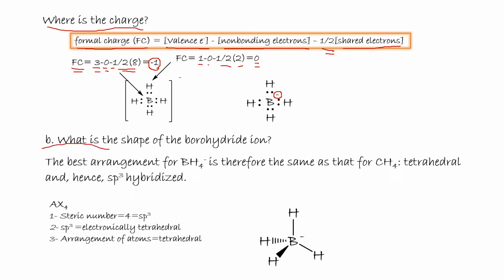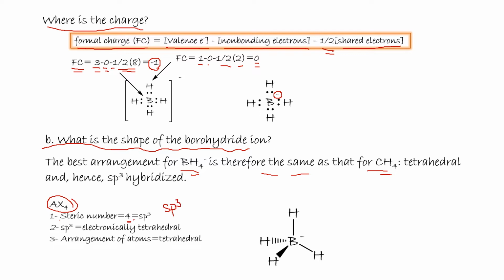What is the shape of the borohydride ion? The best arrangement of BH4 minus is therefore the same as CH4, since the steric number is 4. BH4 is AX4, steric number 4, and the hybridization will be sp3.